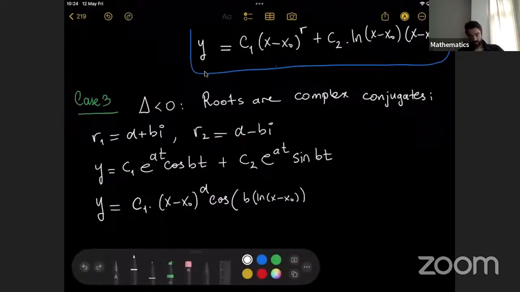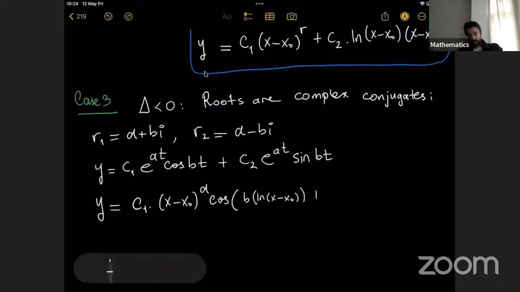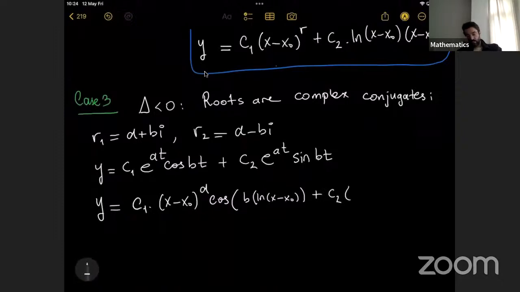Okay, so plus C2 x minus x0 to the A, and you will have sine b of ln of x minus x0, okay?